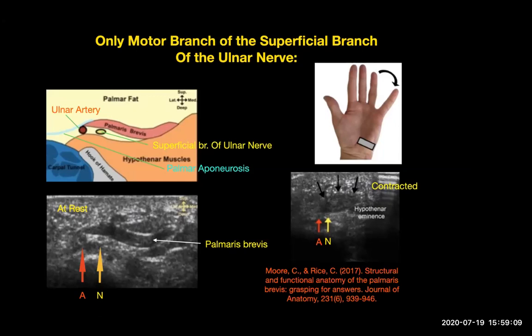But there is a motor side of the superficial branch of the ulnar nerve that goes to the palmaris brevis muscle. So the palmaris brevis muscle is innervated by the superficial branch of the ulnar nerve, which is actually the sensory branch also of the fifth and one half of the fourth fingers.